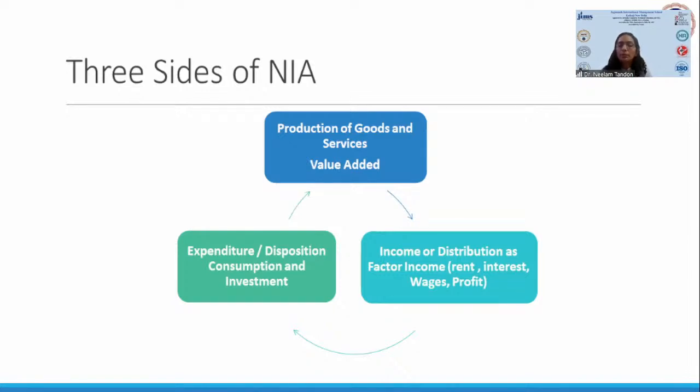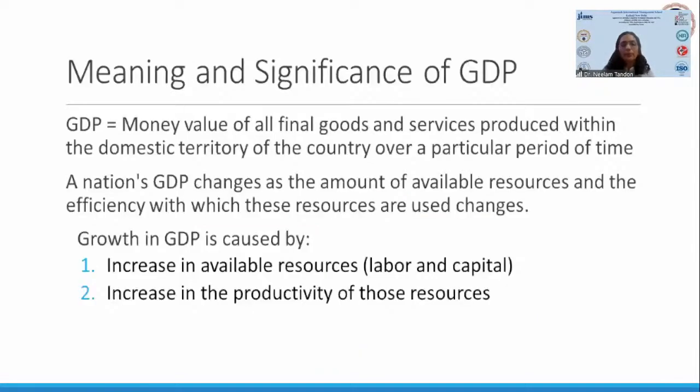You need people to work on machines, and to those people you pay wages, salaries, whatever you call it. Then followed by profit, for the risk taken by the entrepreneurs. So these are the three components along which the national income of the country is calculated.